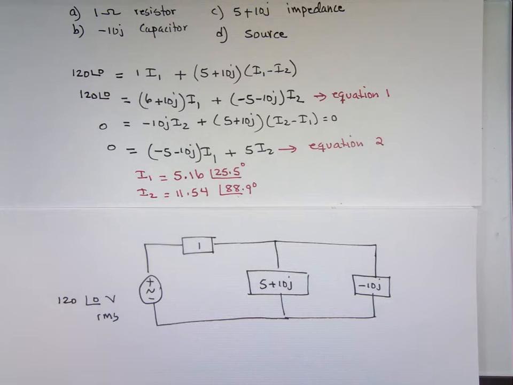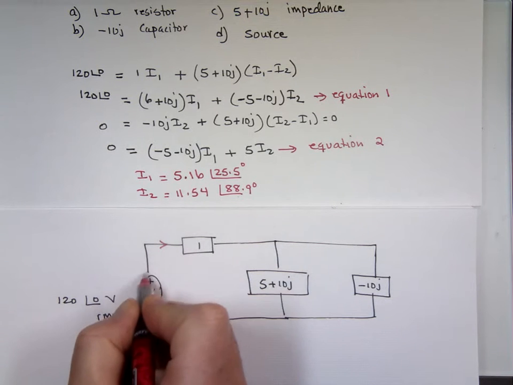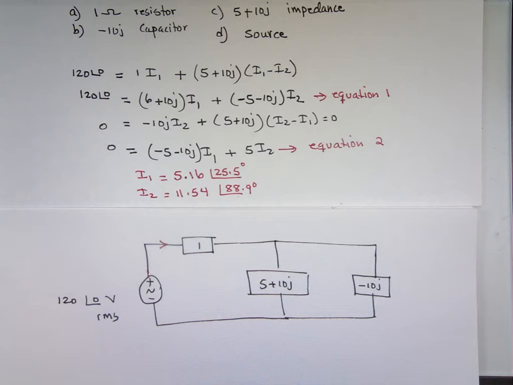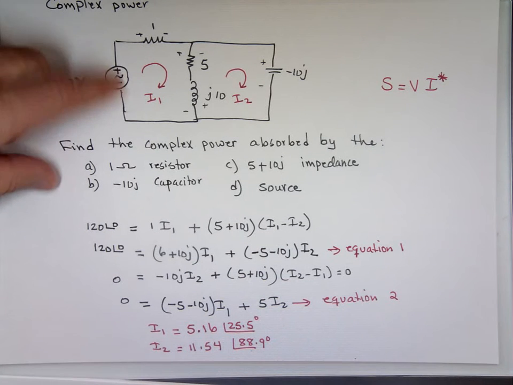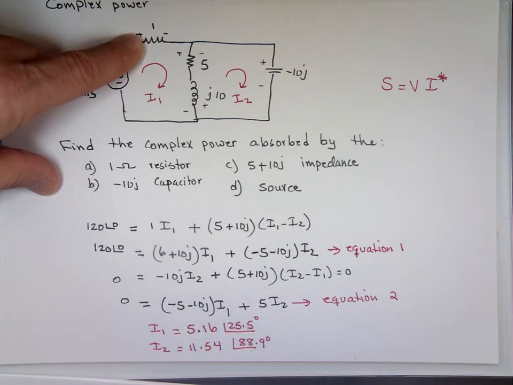Now we know the currents I sub 1 and I sub 2. We know this current going this direction. That current is I sub 1, isn't it? This is also I sub 1.